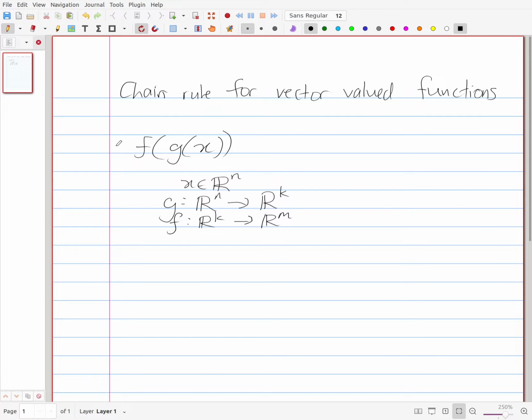And then let's call the output y. So essentially, our input is in Rn, we apply the functions g and f, and the output is a y, which is a vector in Rm.